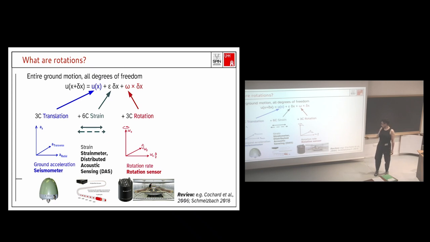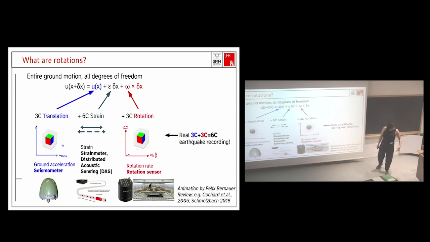There's a couple of nice review papers if you want to know a bit more about this kind of description, derivations of the rotation exactly, etc. Felix Bernauer, one of the people working a lot on measuring rotations, created these cool little animations that show what the rotations look like.